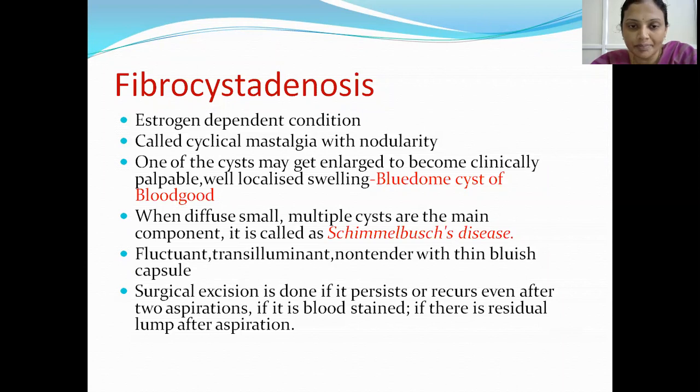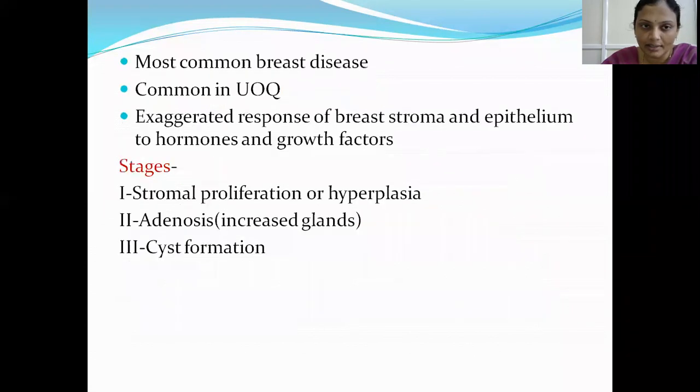When diffuse, small, multiple cysts are the main component, it is called Schimmelbusch's disease. The cyst is fluctuant, transilluminant, non-tender with a thin bluish capsule. Surgical excision is done if it persists or recurs even after 2 aspirations, if it is blood stained, or if there is any residual lump after aspiration. These are the indications for surgical excision.